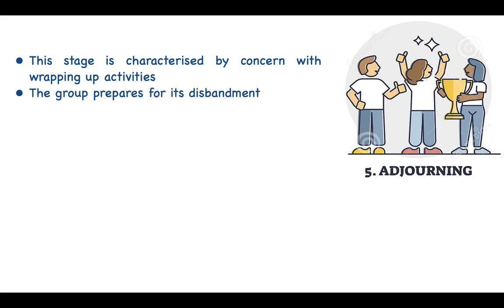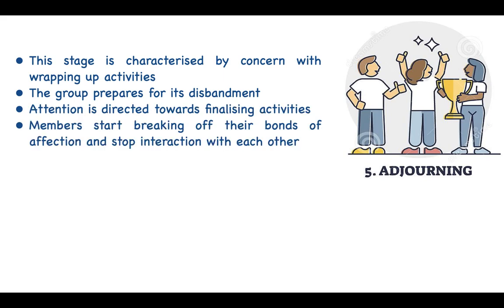The task at hand is complete, and we finish with the group. So here the group prepares for its disbandment, and attention is directed towards finalizing the activities of the group. They start breaking off their bonds of affection and they stop interacting with each other. So for example, a group of college friends finish their college and then they move to their work life.